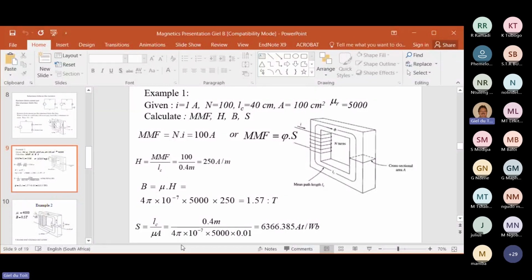Anyone? Just try. What's the magnetic field strength? H, people. What is the magnetic field strength? H. Read here. If you can't do it, what is it?